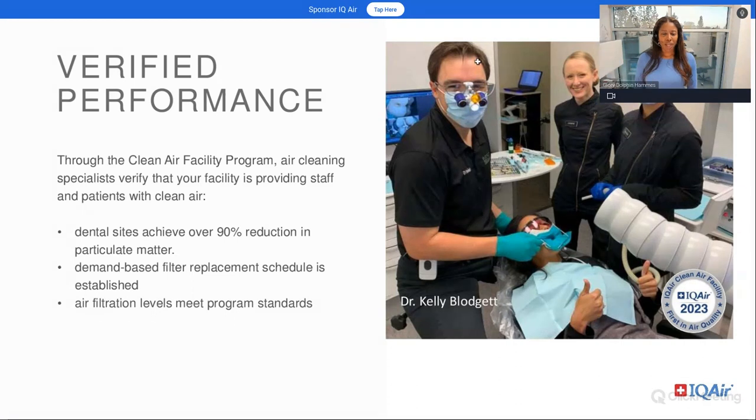This is Dr. Kelly Blodgett out in California. And this is really a part of the clean air facility that he has, and he's working on a patient using the Dental Pro and the FlexVac. And what needs to be said, it looks a little bit further away than it's supposed to be, but that FlexVac hose needs to be within 12 inches of the patient's mouth while you're working. And that 12 inches will provide over 92% in terms of containing the aerosolized particles that are produced.